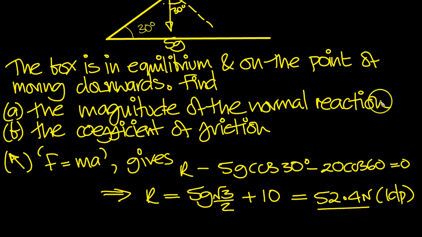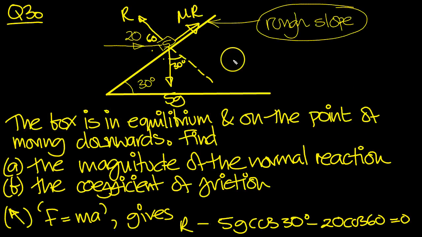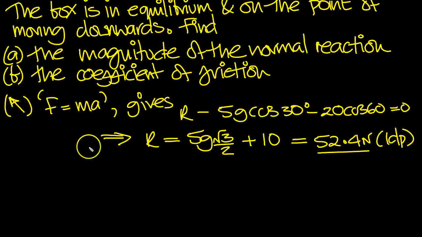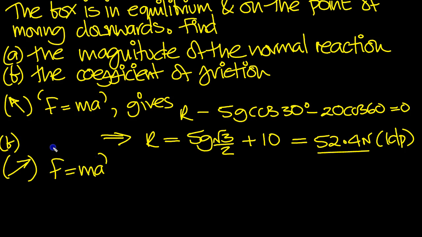The coefficient of friction, so let's apply F equals ma again in this direction here, along the line of greatest slope. So this is for part B. F equals ma again then. The forces are in equilibrium, so the resultant force is 0. So mu R was acting up the slope.